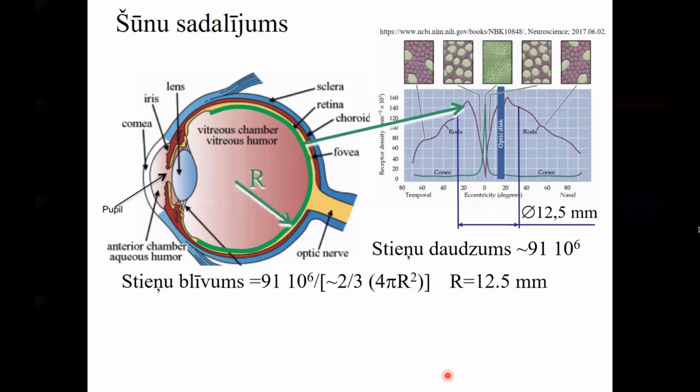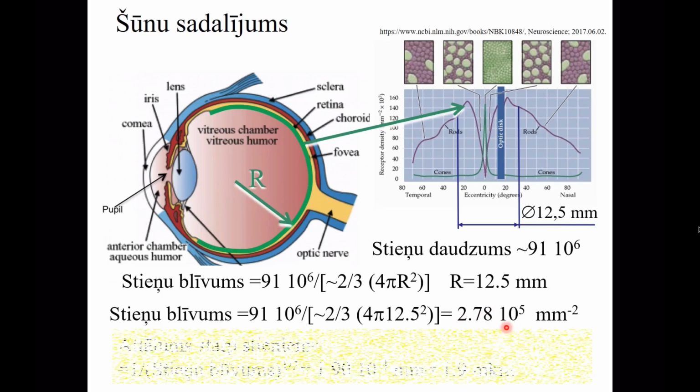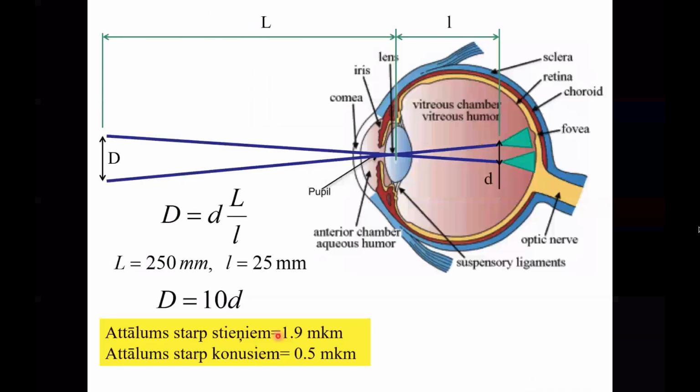The density is approximately 0.3 million per square millimeter, or the distance in between the cells is approximately 2 micrometers. So finally, we can say that the distance between the rods is approximately 2 micrometers, and the distance between the cones is approximately 0.5 micrometers.